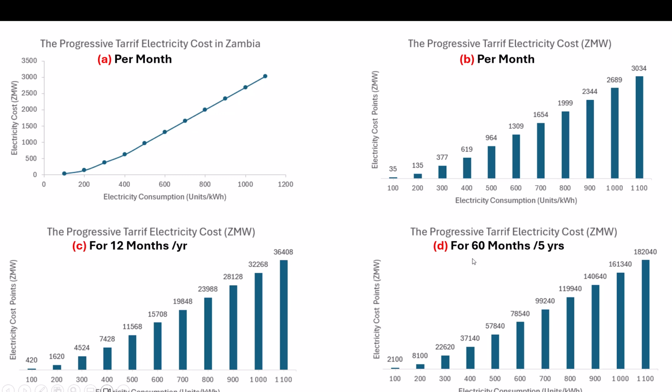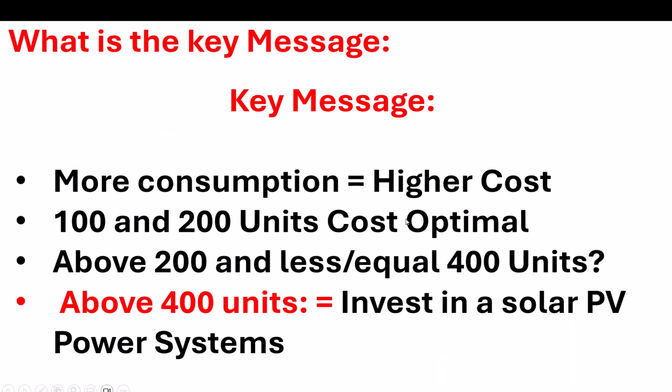When projected over 60 months, we see that your cost of electricity increases from 2,100 to about 182,040 kwacha.